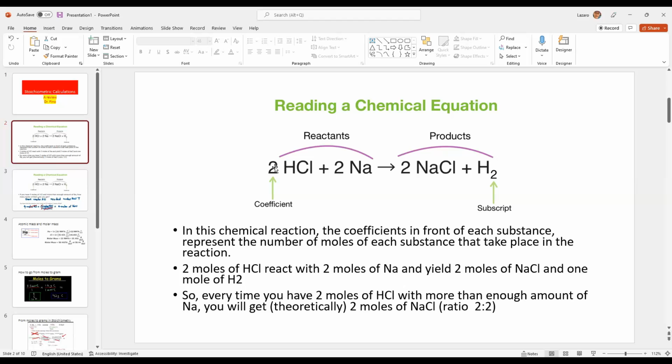So 2, 2, 2, and 1 are the corresponding moles of each substance in the chemical reaction.